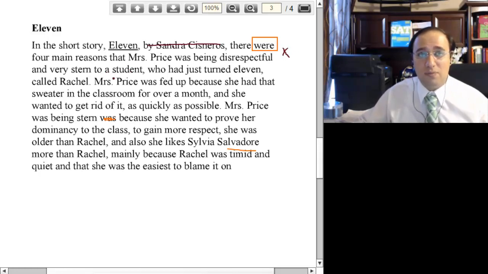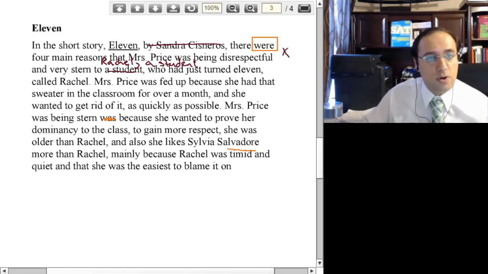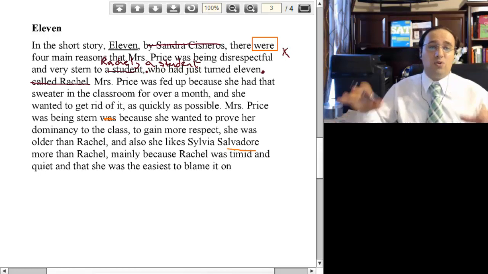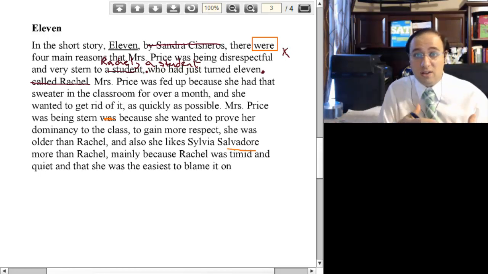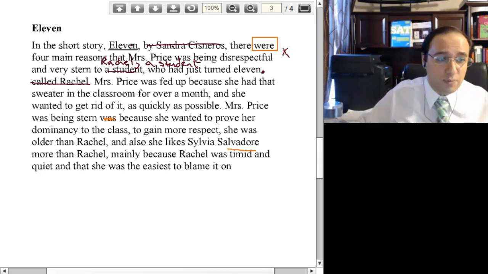I would like it to be written this way: "was being disrespectful and very stern to Rachel, a student who had just turned 11." This way it's a little bit clearer, because having "who had just turned 11, called Rachel" is not really coherent. It's some sort of a misplaced modifier. So I prefer it to be written this way.